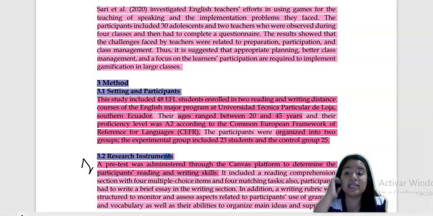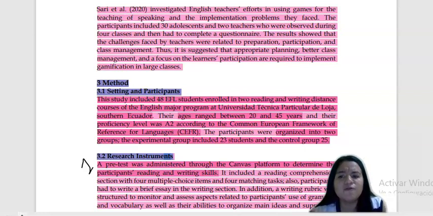They were also organized in two groups, one experimental and one control, with 23 and 25 people respectively. The research instruments were a total of three, which I have highlighted. First, the pretest, written in Canvas, so they could evaluate the reading and writing skills of the participants.